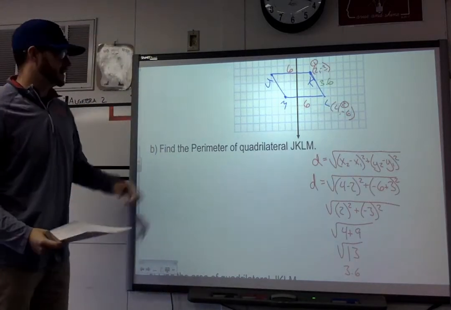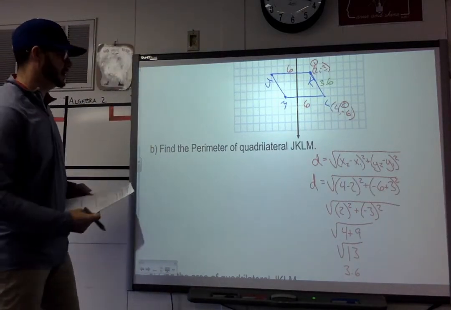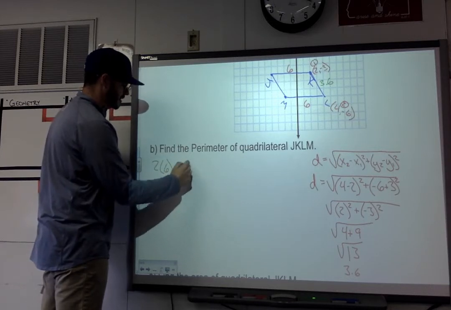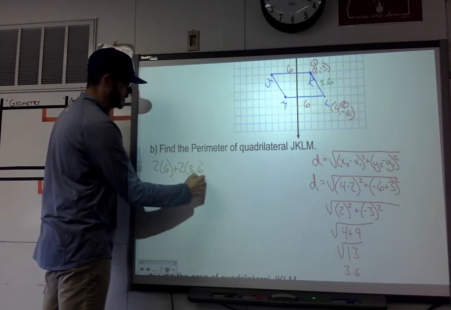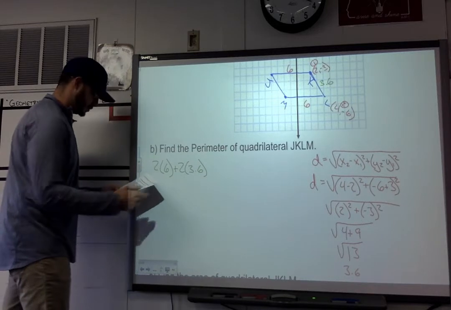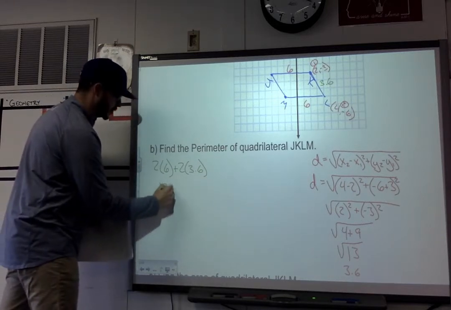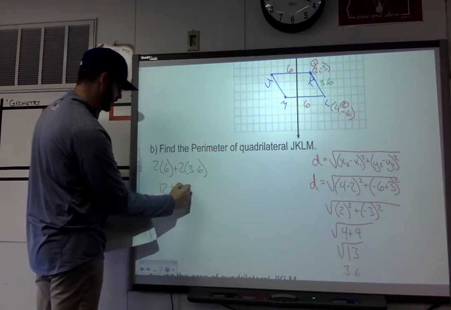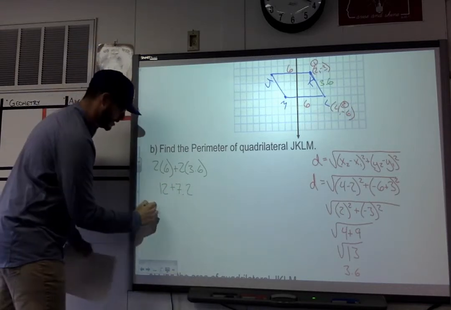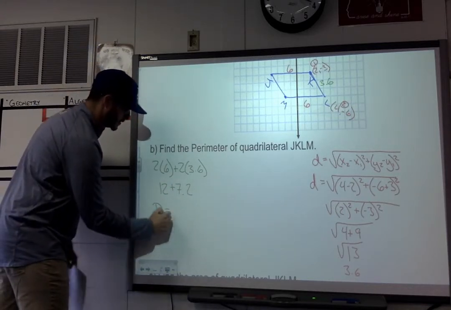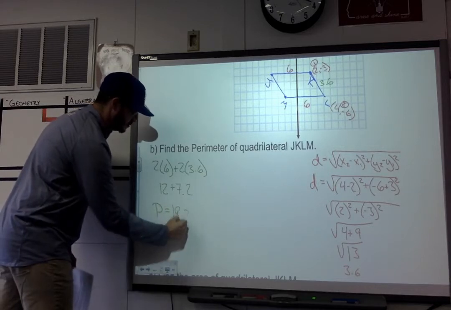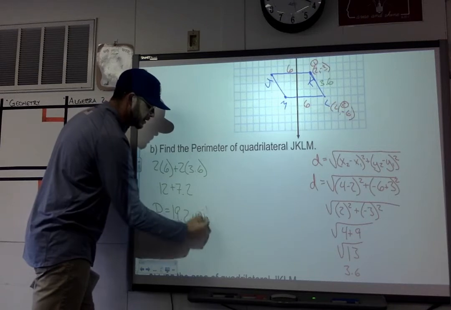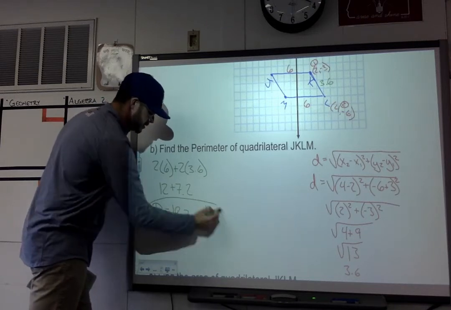So in order to find our perimeter, it's going to be 2 times 6 plus 2 times 3.6, which will give us 12 plus 7.2. So our perimeter is going to be 19.2, and since we don't have a unit of measure, our label will be units.